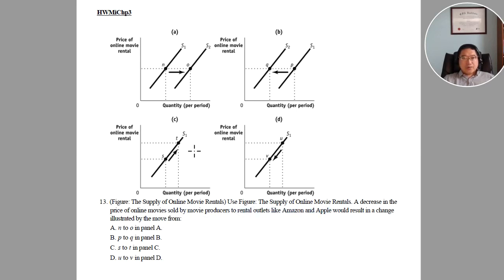And then what kind of movement should we think about? It should be a movement in the supply, that is, supply increase. The whole supply curve moves to the right. Right? So you look at all the choices, think about which choice actually represents an increase in the supply.